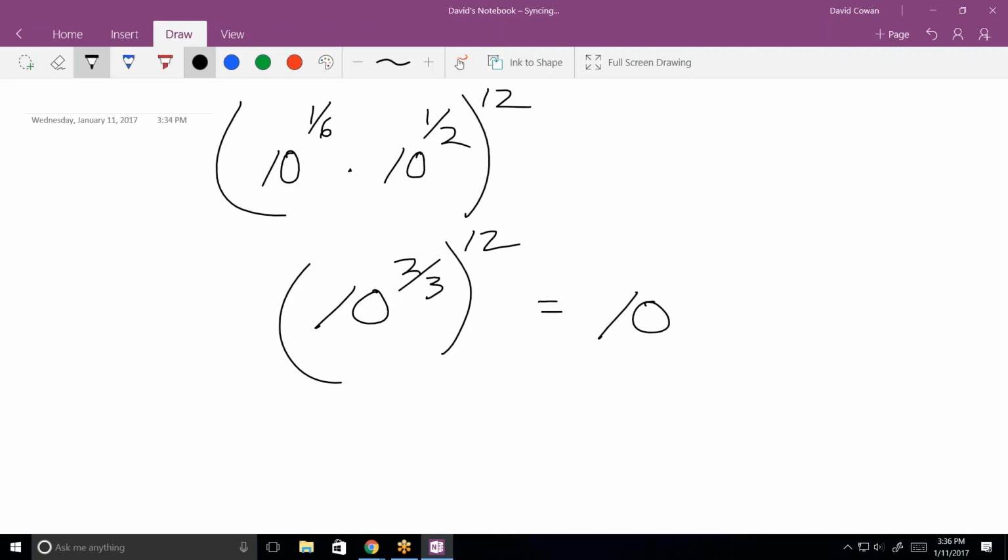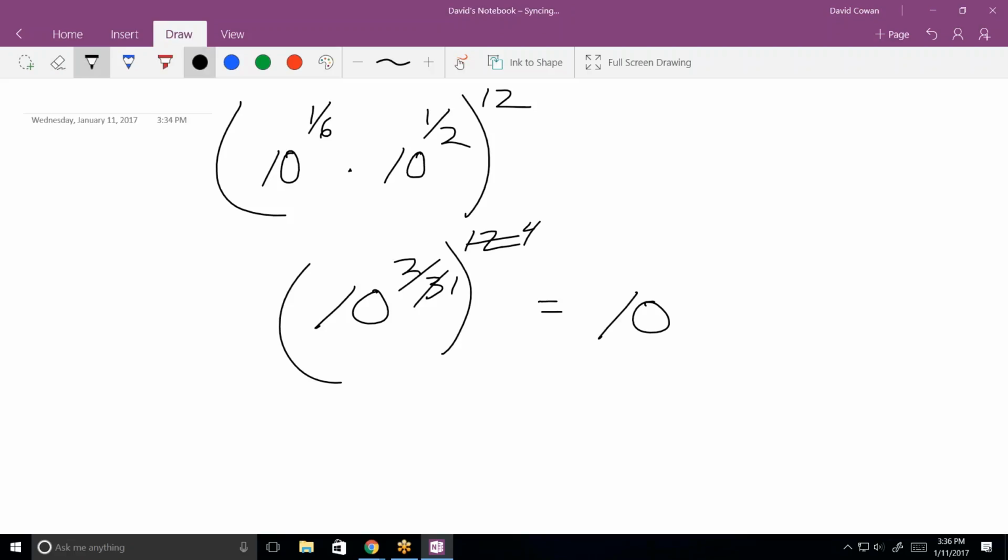And then you distribute the 12, or multiply the 12, so you'd get 24 over 3 for the exponent. Instead of doing it 24 over 3, I'd like to see you simplify it first. In other words, make that a 4, make that a 1, and now you got 4 times 2 to get your 8. Whoops, excuse me. It's 8. Yeah, 4 times 2. Sorry, I misread my writing.